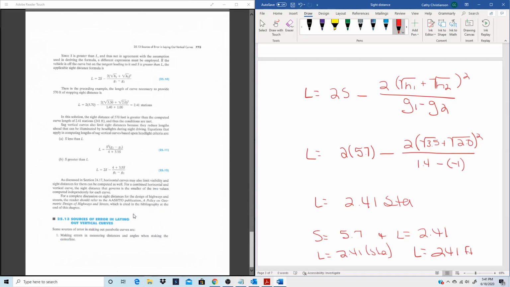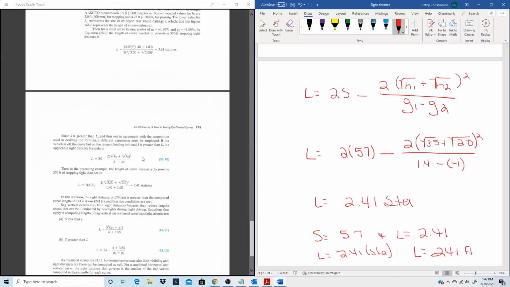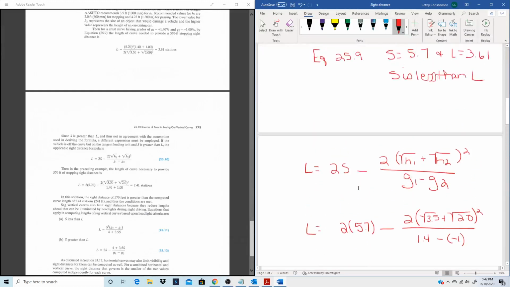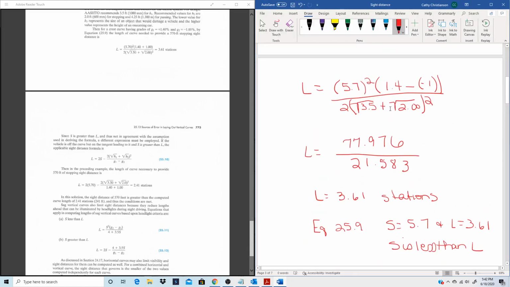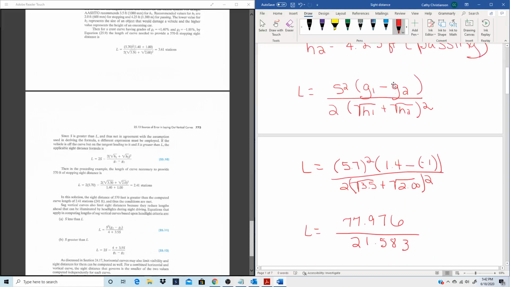Alright, so the second one in this is a solution for the sight distance. And if we were doing a passing distance, the only thing different you would use in the formulas is your H2.